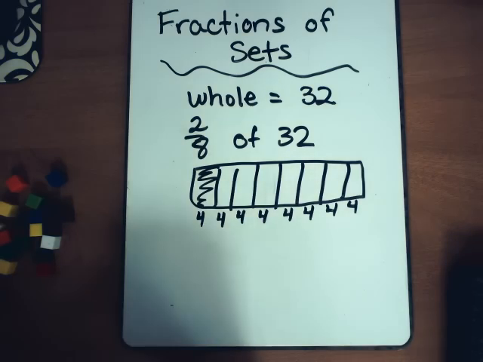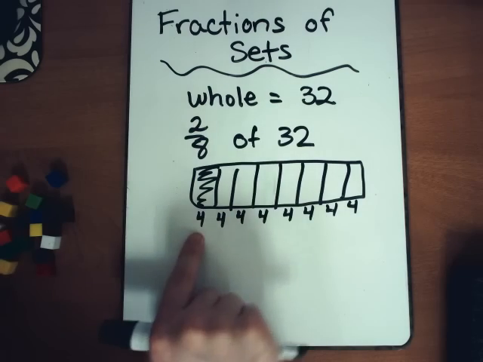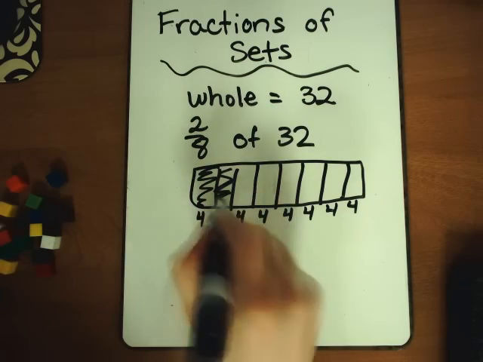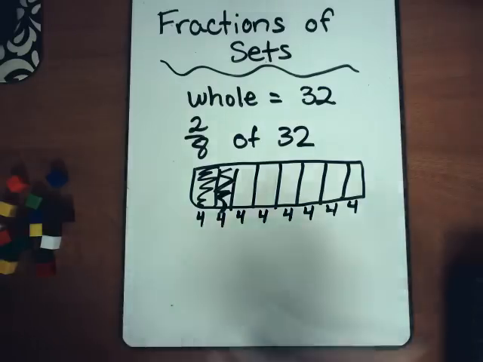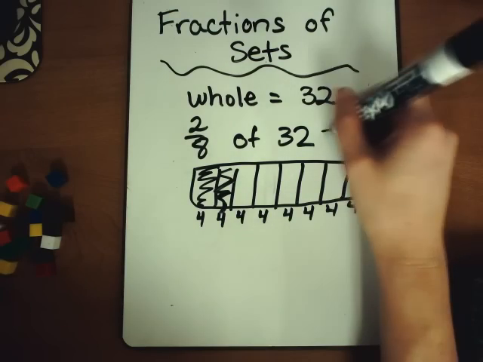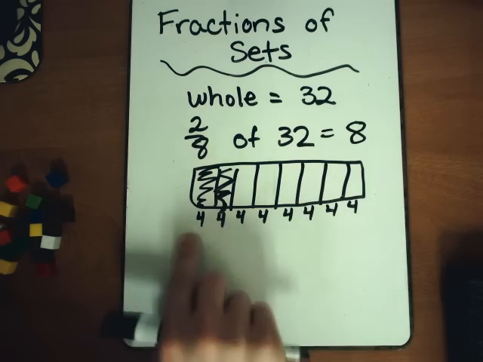So 1/8 of 32 is 4. So then what's 2/8 of 32? That's right, 2/8 of 32 is 8, or 4 plus 4, right?